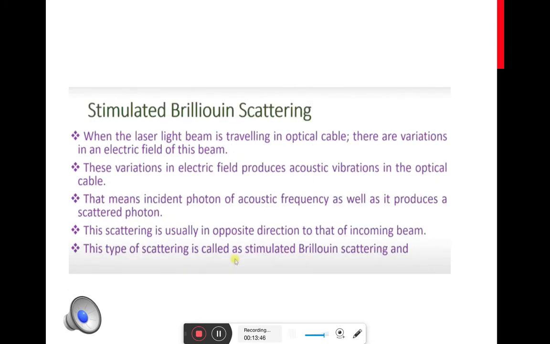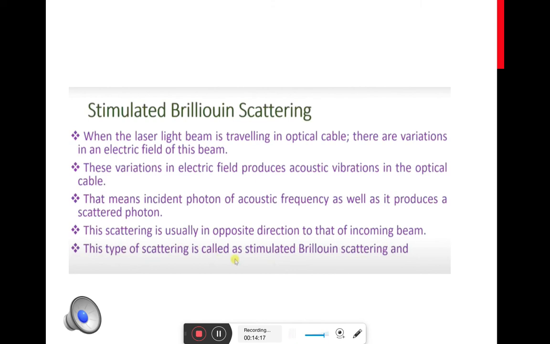Next is stimulated Brillouin scattering. This comes under nonlinear scattering. Consider the case when a laser light beam is traveling through an optical fiber. There can be variations in the electric field of this beam, and this variation in the electric field can produce acoustic vibrations.